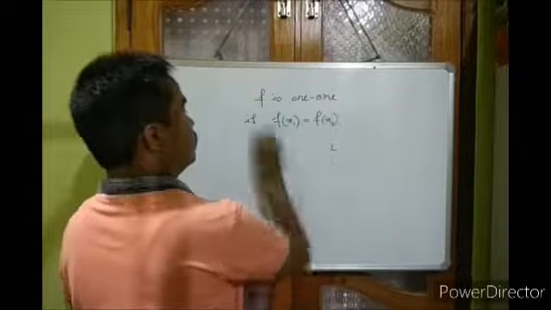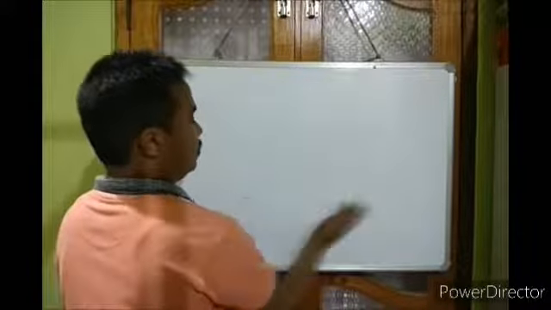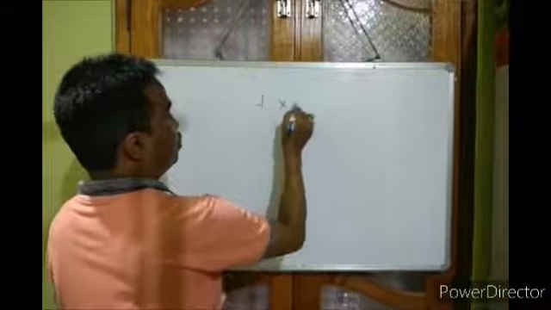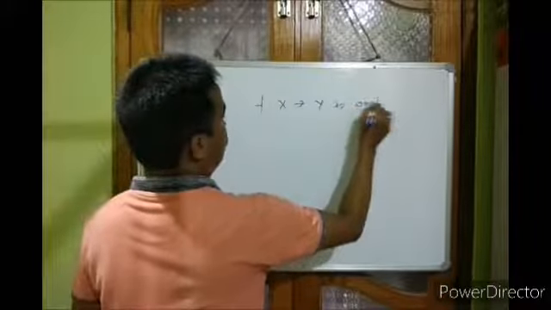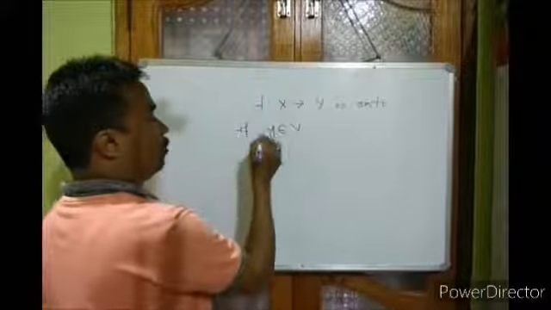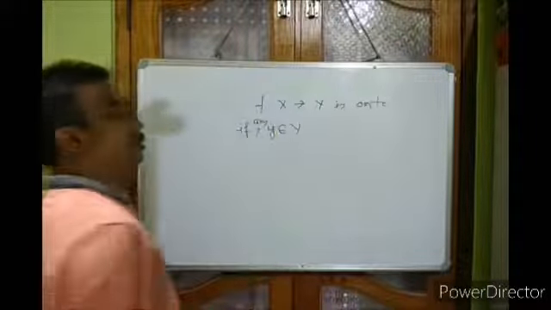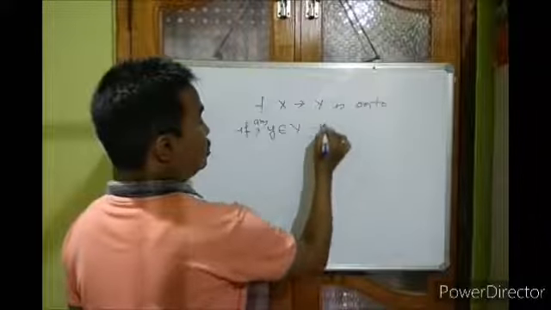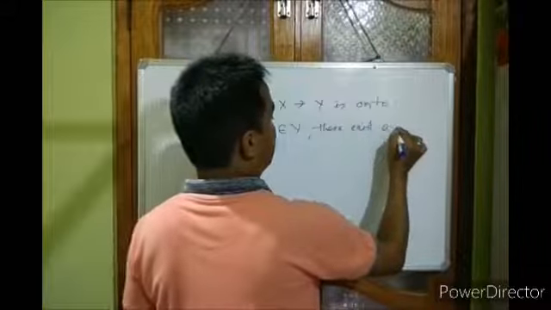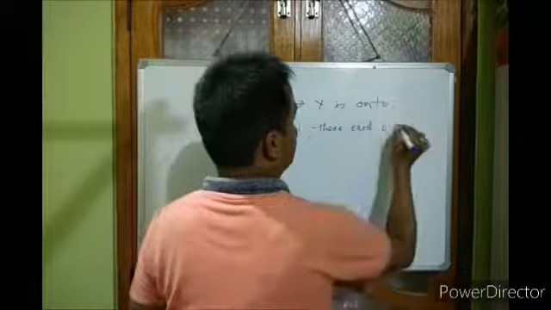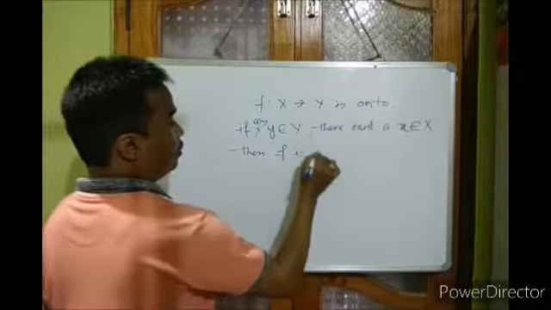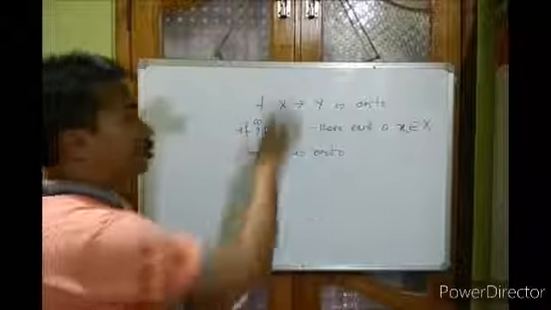Also, f mapping from X to Y is onto if for arbitrary y belonging to Y, for any y belonging to Y, there exists x belonging to X, then f is onto.